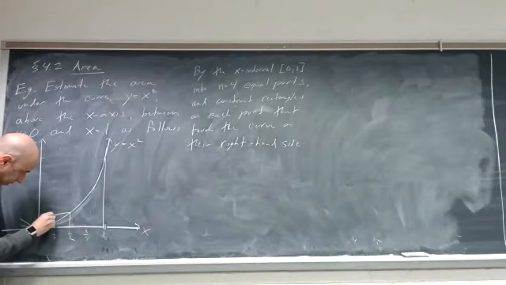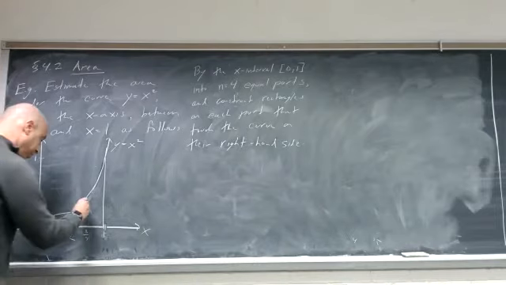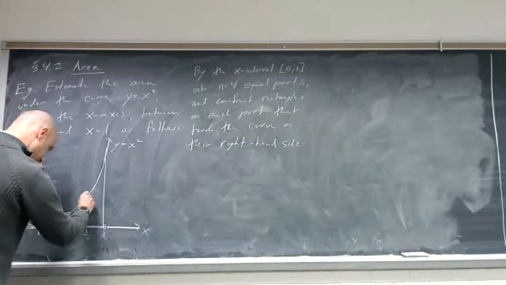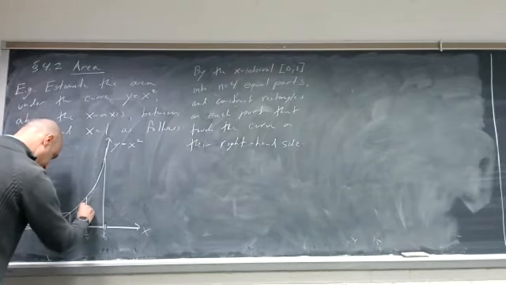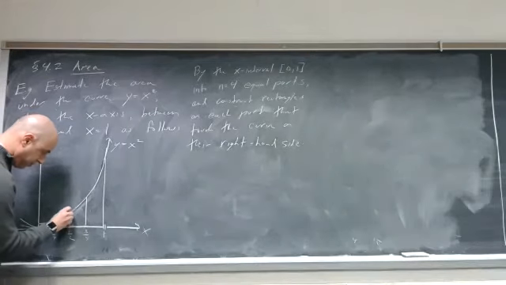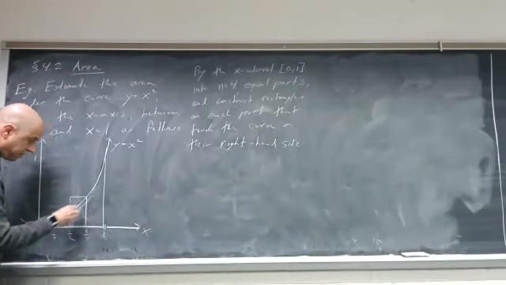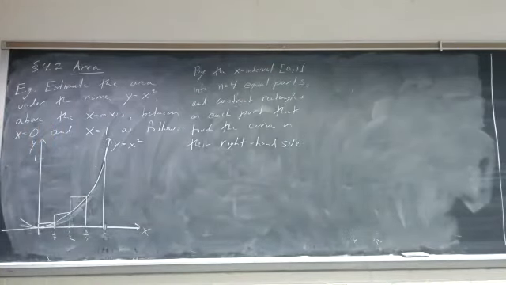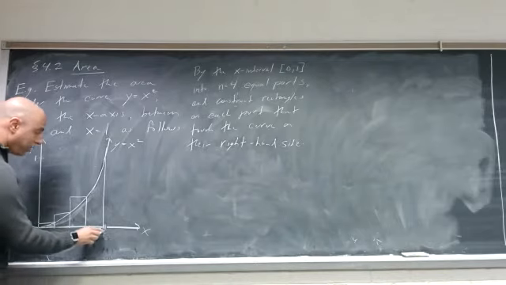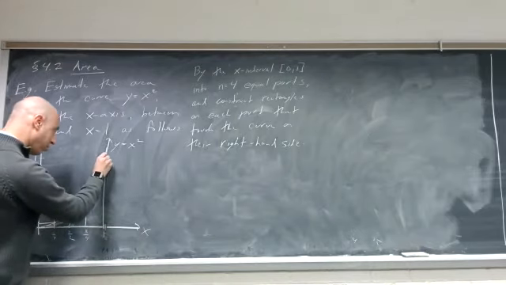4 rectangles. I've drawn 2 so far. The third one's going to go between 1/2 and 3/4, and touch the curve at its right-hand side, in other words, at x equals 3/4. And the last one is going to go between 3/4 and 1, and it's going to touch the curve on its right-hand side, in other words, at x equals 1.